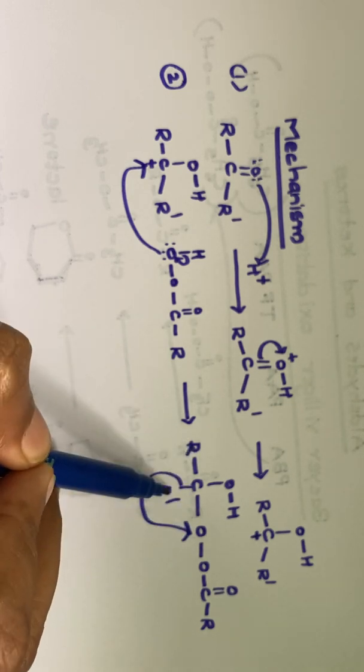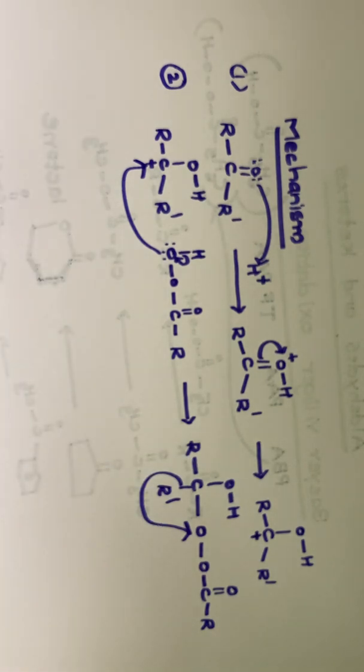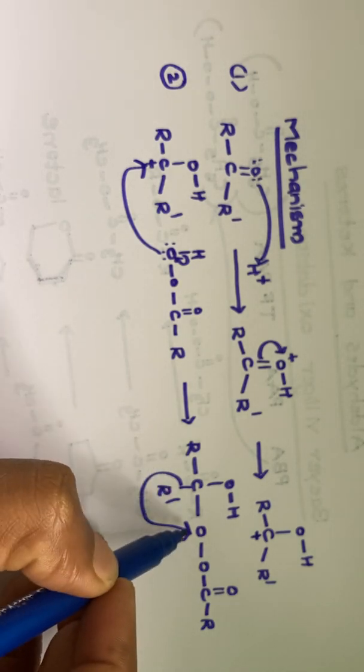If there is primary and secondary, secondary will migrate. So this is the order of the groups. Among the aryl groups, the migration capacity will be para-anisyl group, para-tolyl group, next phenyl group, and then para-chlorophenyl group.